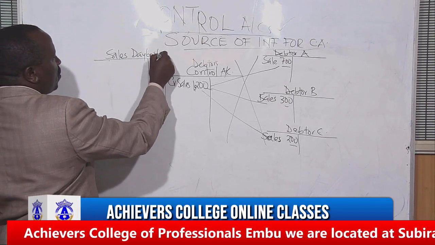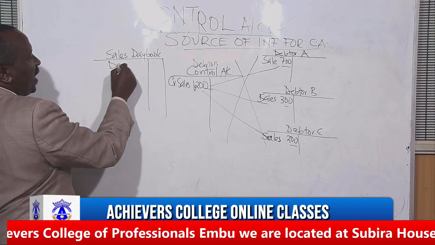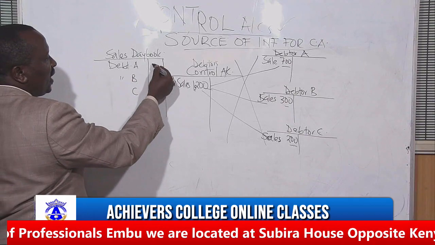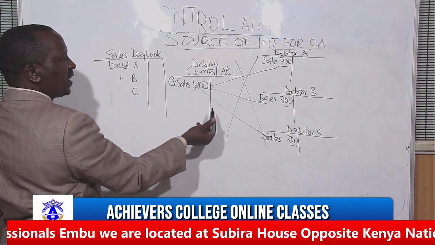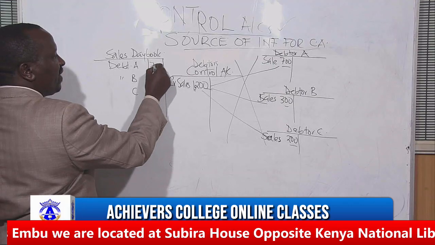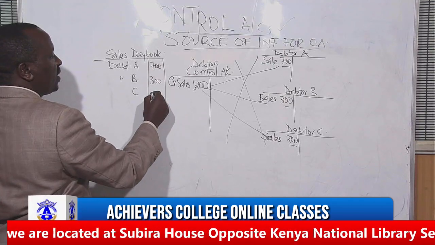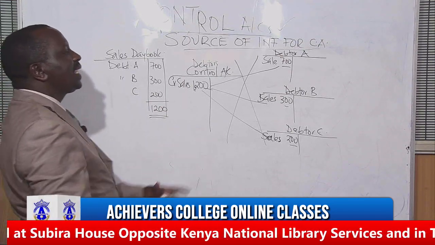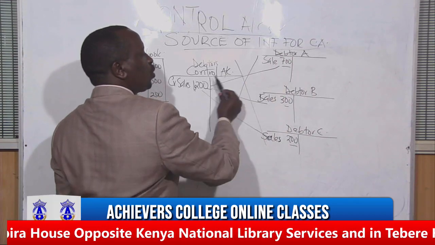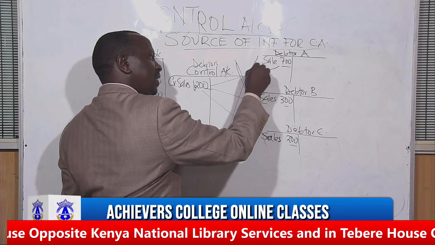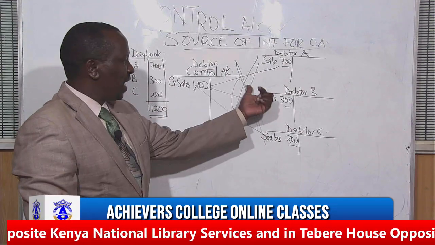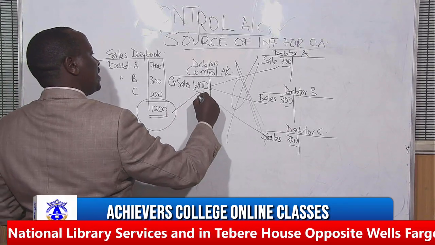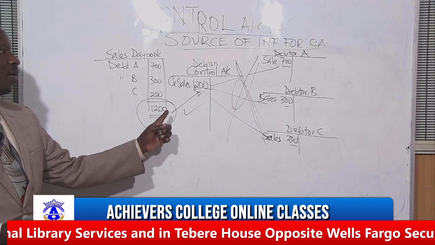The sales day book will have debtor A, debtor B, and debtor C, with 700, 300, and 200. So we get the total here of 1200. You can see the information is the same, but this is not where we get it. What we do, we get it from this total. That is the correct way.